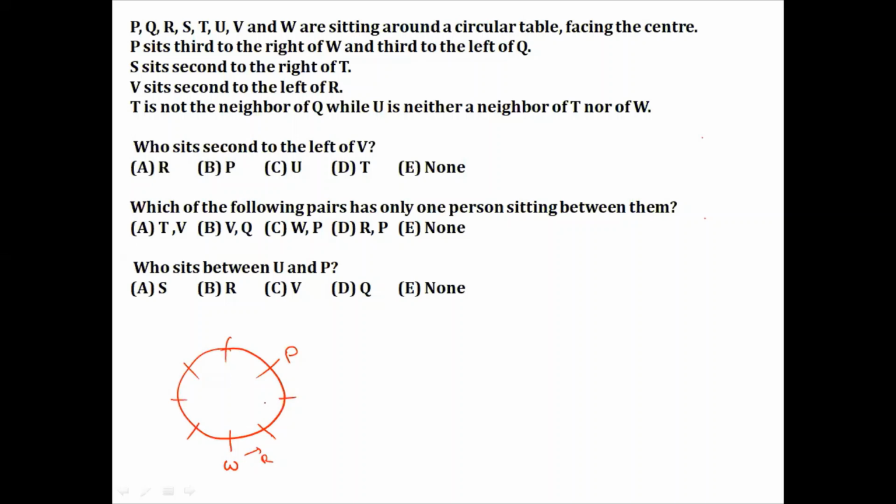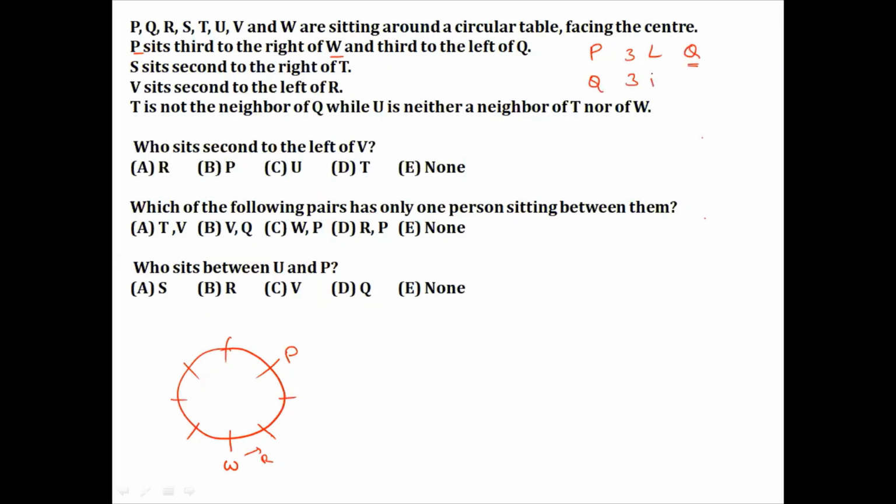P is third to the right of W, satisfied, and third to the left of Q. Who is third to the left of Q? Here P is the subject, so with P there are two statements. P sits third to the right of W, that is we placed, and P is third to the left of Q. We don't know the position of Q, so I am just reading the statement.